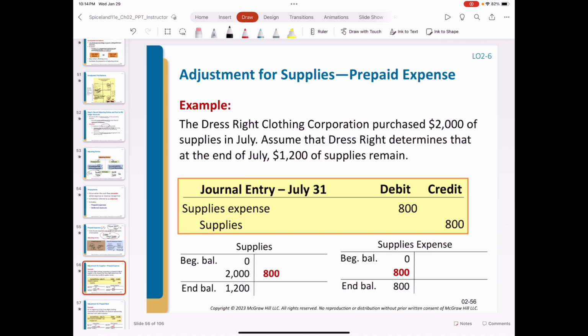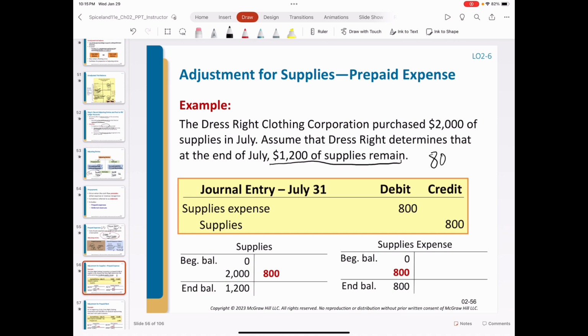Now let's take a look at this example. The company purchased $2,000 of supply in July. And by the end of July, this is the last day of the accounting cycle, we find there are only $1,200 of supply remaining.